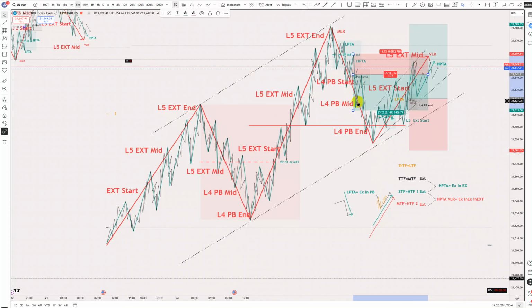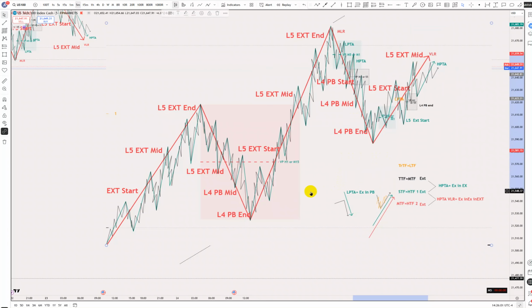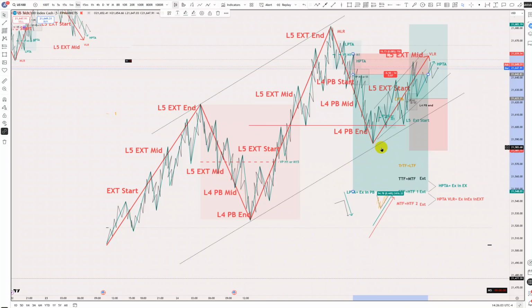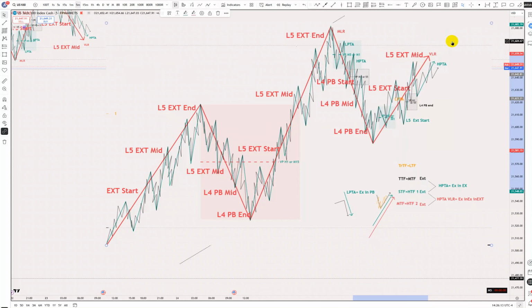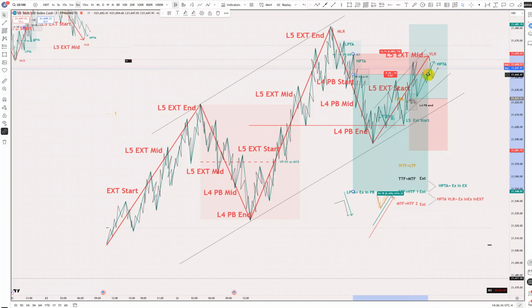If you're expecting to get down to here, look what happens before. It goes in your trade's direction, but later, before it reaches your target, it reverses back to the higher time frame direction, right? So you have to know where you're putting your trades, and you have to know what your expectation is.